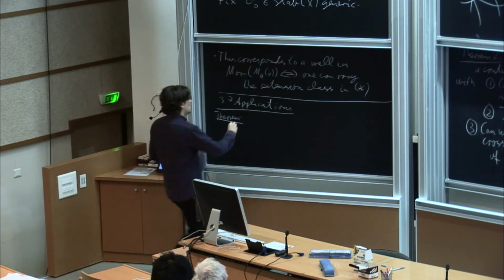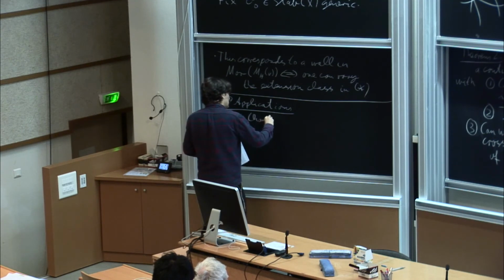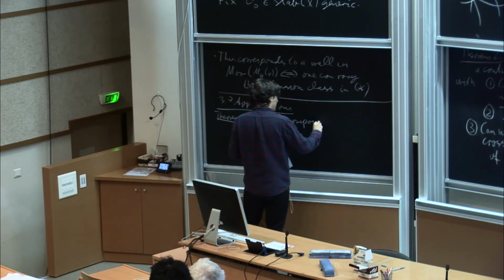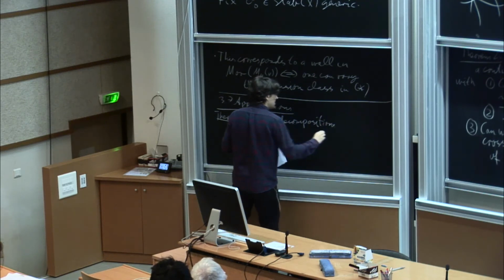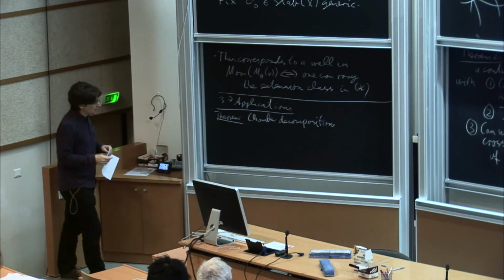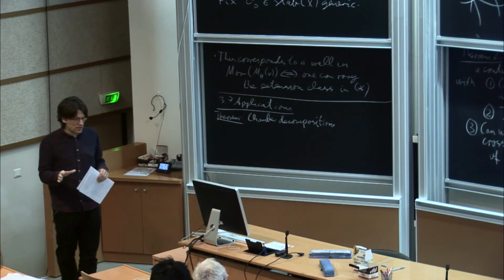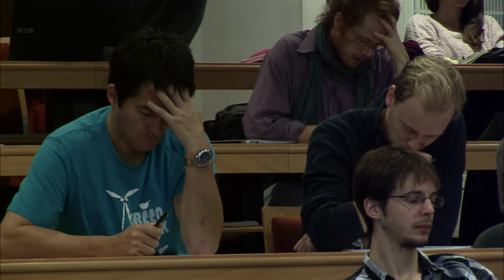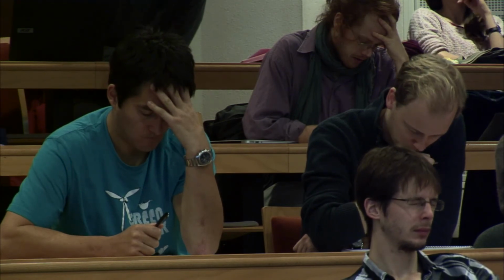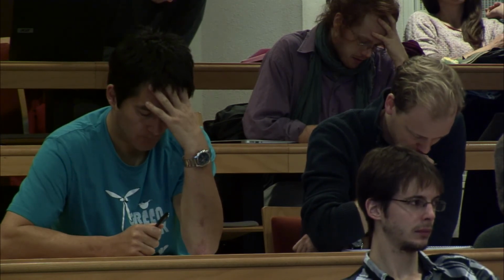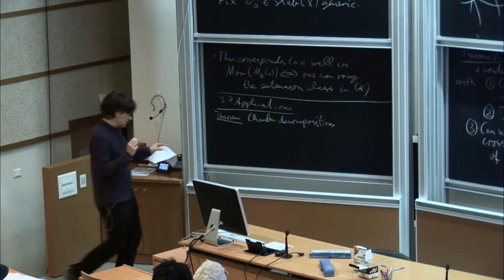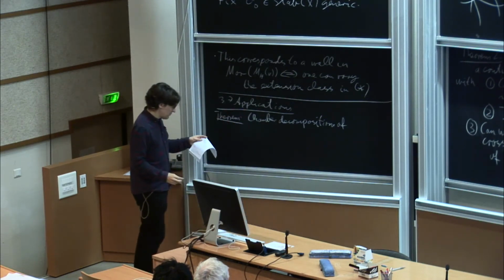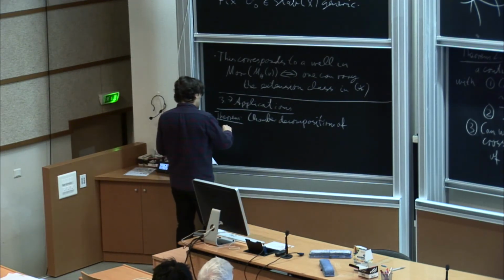I could also state the result about the chamber decomposition of the positive cone into translates of the movable cone, which one can reprove using these methods, but which was proved earlier by Markman. So instead, let me give you the decomposition of the movable cone into Nef chambers.